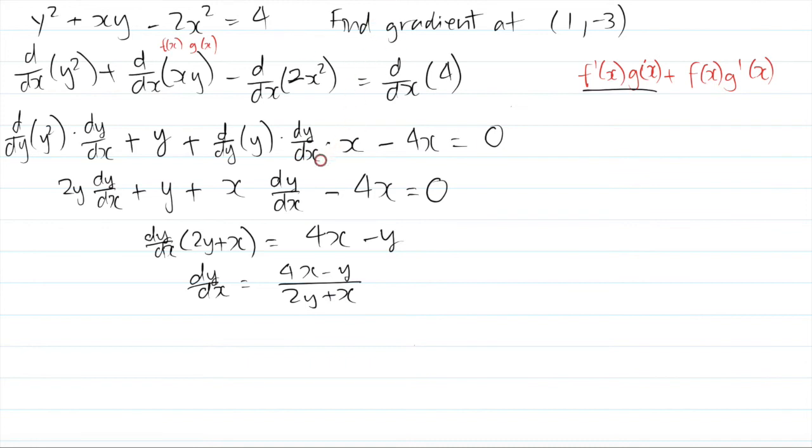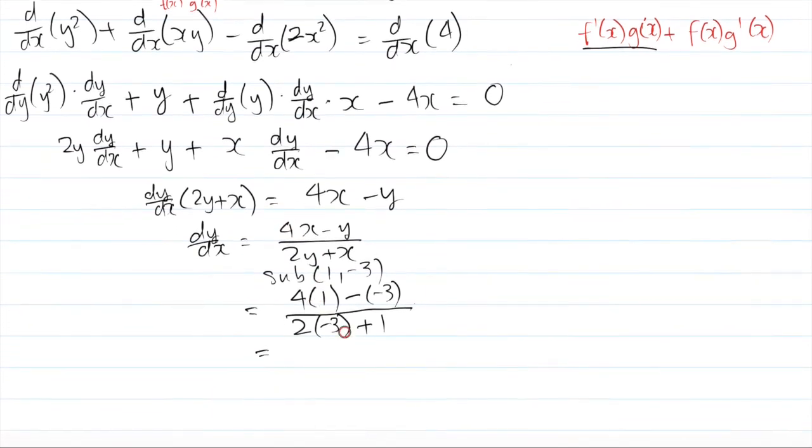Afterwards, we're not done, we have to find the gradient at this specific point. So you sub in the point (1, -3) into your equation, and we should get 4 times 1, that's our x value, minus negative 3, divided by 2 times negative 3, plus 1.